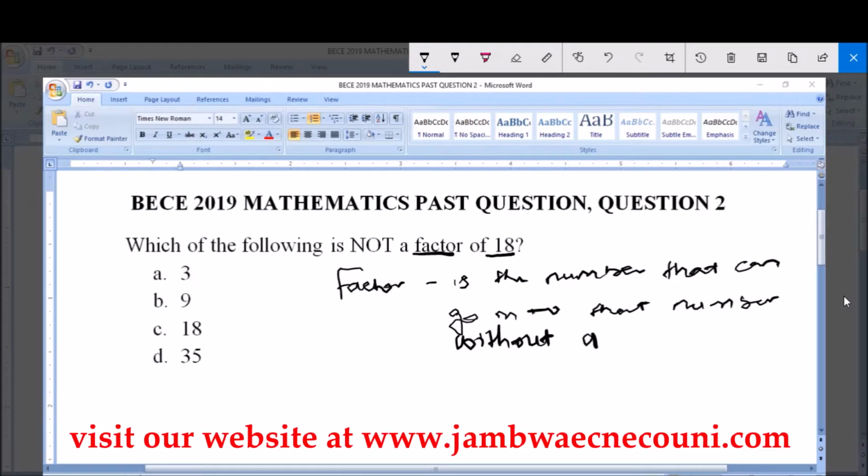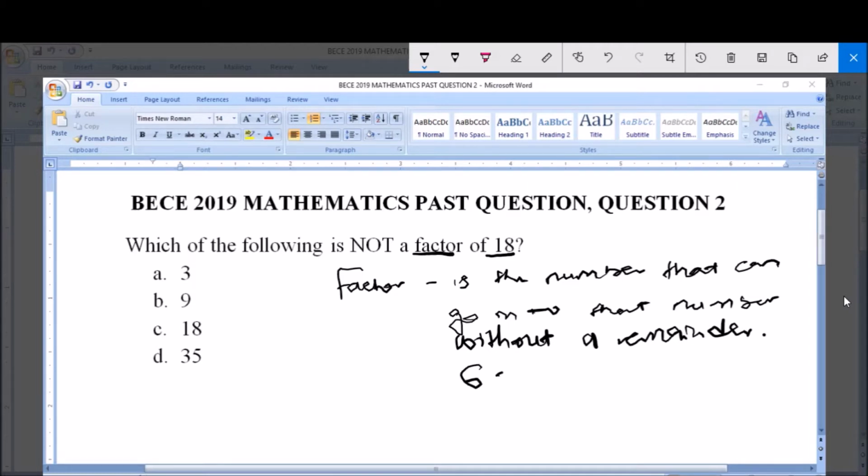If I have 6 as a number and 2 can go into 6, that's 3 times, because 6 divided by 2 equals 3. That means it can go into 6 three times without any remainder. Therefore, I say 2 is a factor of 6.